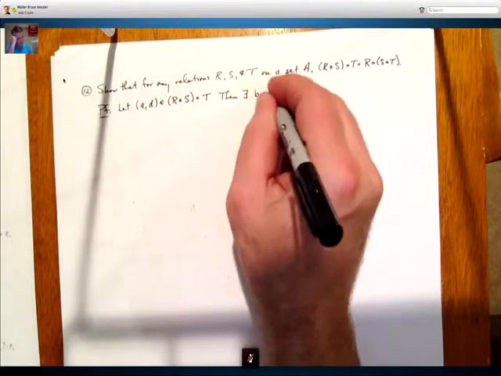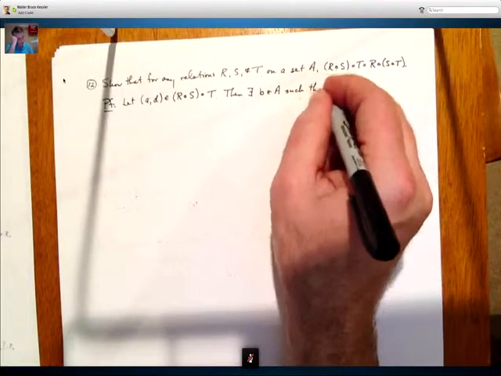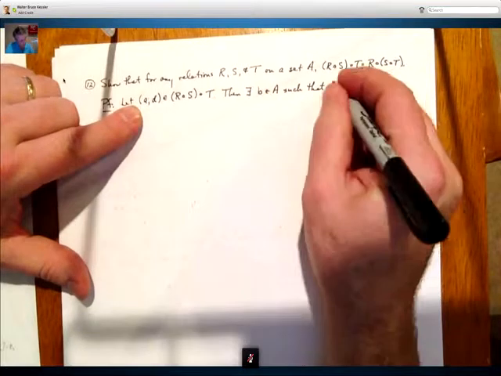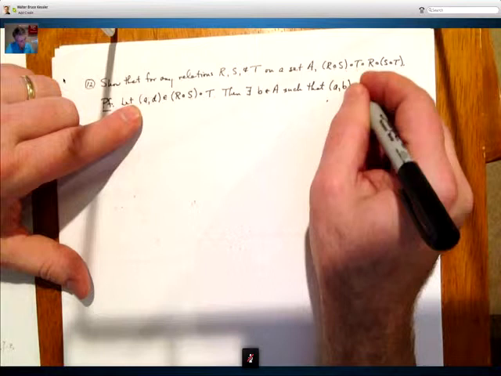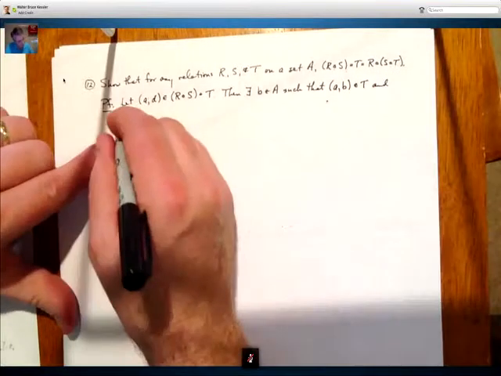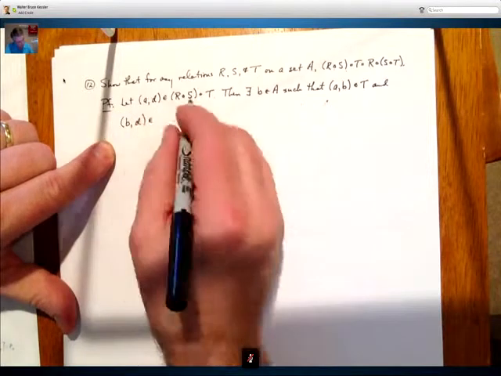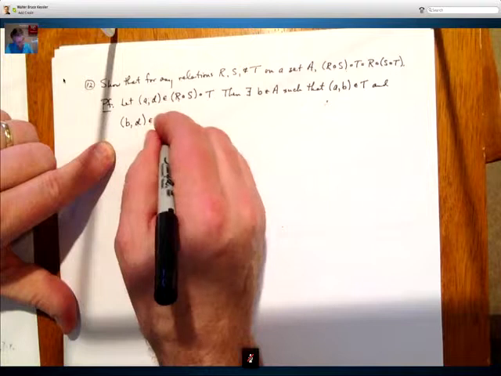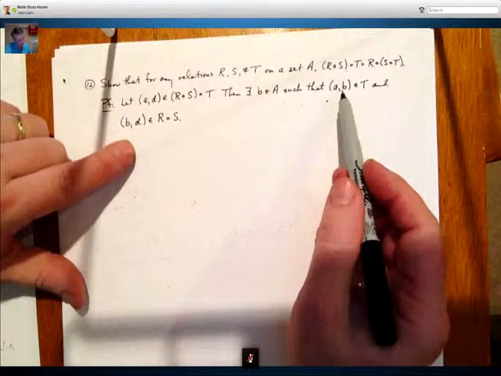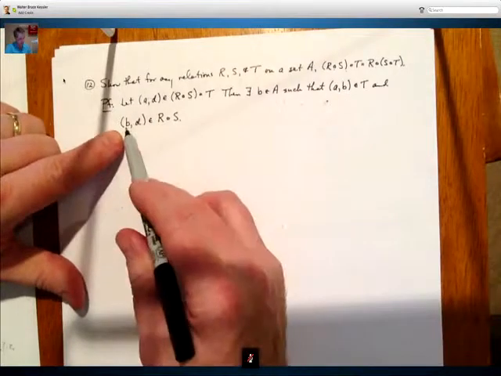Okay, so there exists a B in A such that, now let's think about it, AB is in T, and then BD is in R composed with S. Okay, that gives me the B as the connector that gets me from A to D.